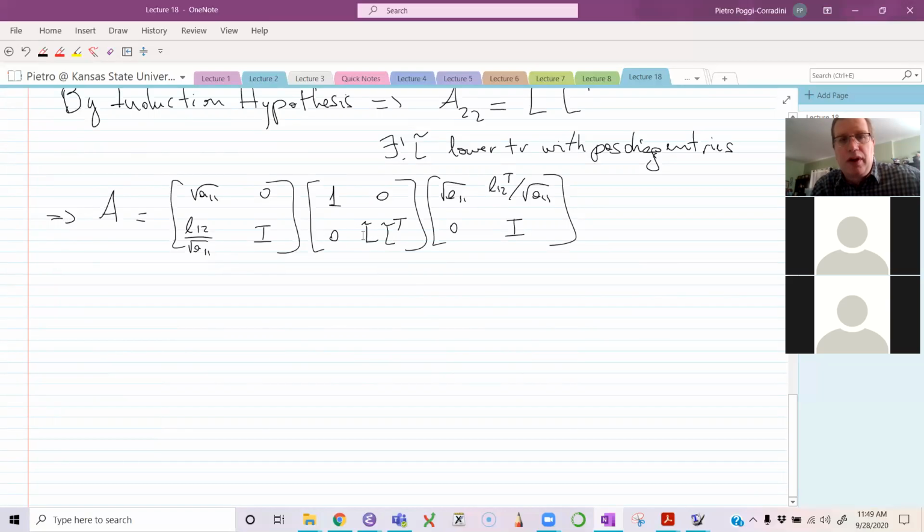We want to give one of these guys to this matrix and the other one to the other matrix. So let's check if that works. So if we do root A11, 0, L12 root A11, and then we put L tilde here.